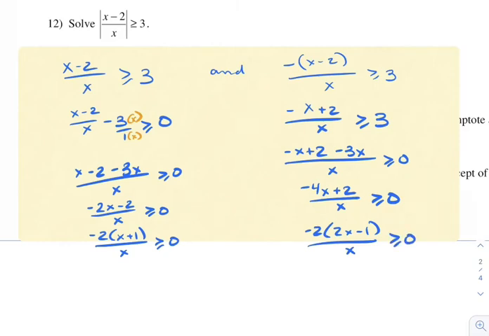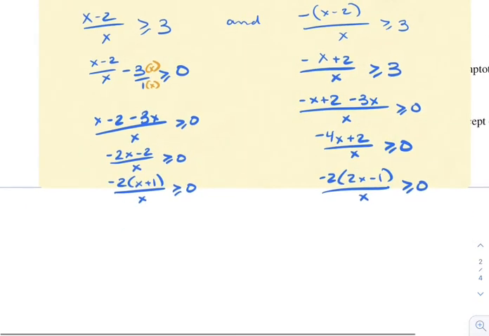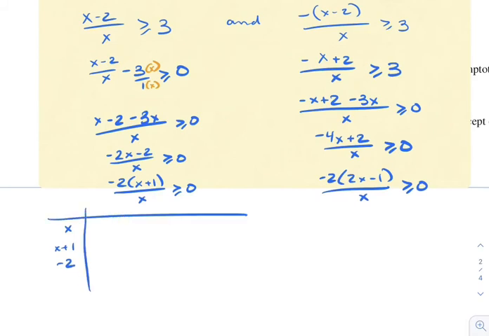So I'm going to have to solve each of these ones and look at the intervals that we have that could apply. So for the first one, the factors will be x plus 1, and -2. Our x-intercept happens where x is equal to -1.